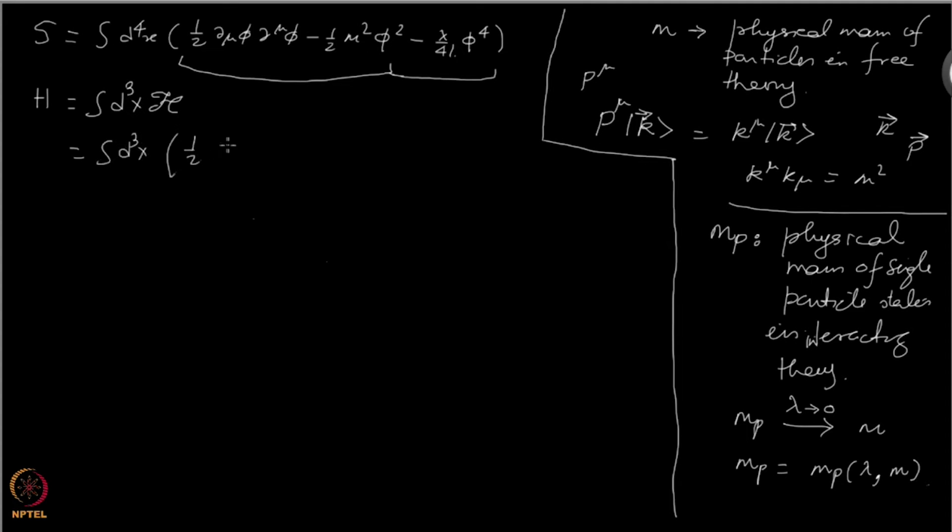So, we have half pi squared. Let me make the time and space labels explicit.